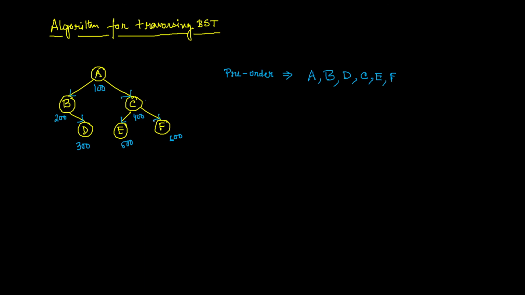If you see exactly how a node looks, it has a data part and two pointers, one pointing to the left child and one pointing to the right child.